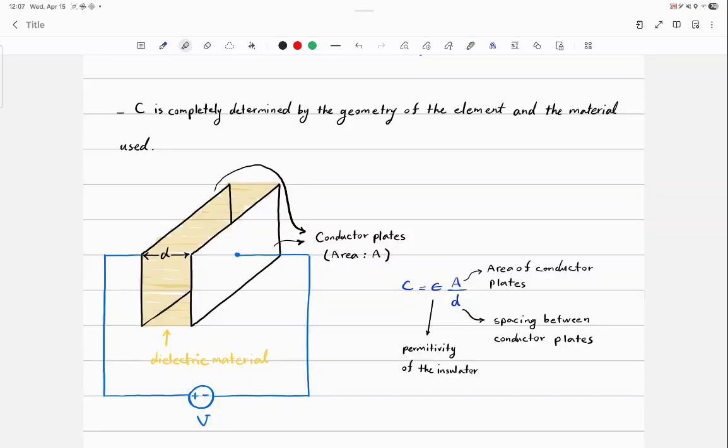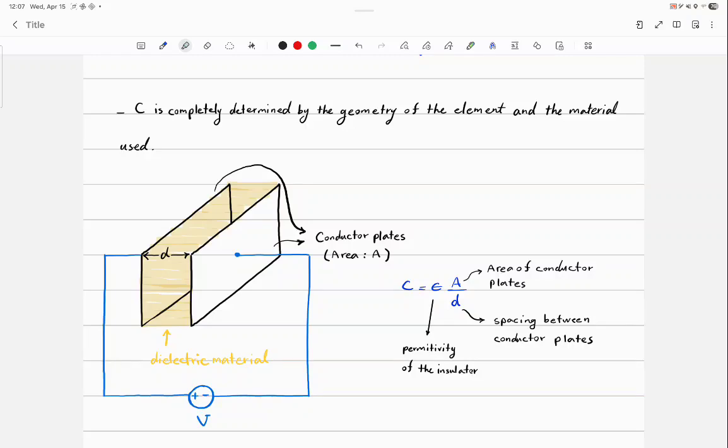That dielectric has a spacing of D, a thickness of D. This equation can be used to find the capacitance of any structure in this form, which is called a parallel plate capacitor.